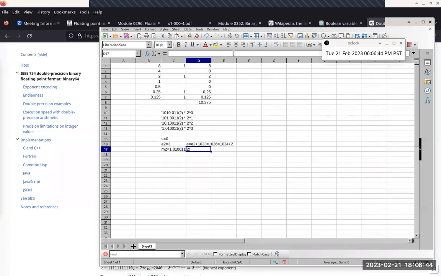So 1026, to convert it into base 2, is 1024 plus 2, and that's it. So that means the E component here in base 2 is going to be 0, 1, 0 as the least significant 3 digits. I have to be more careful here.